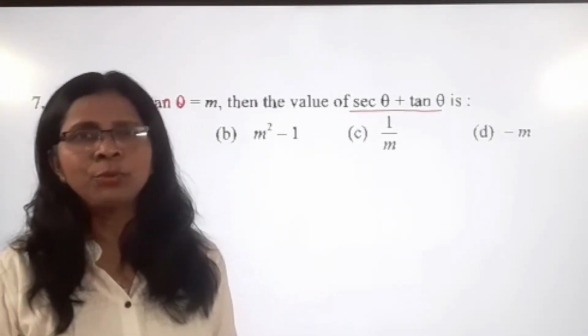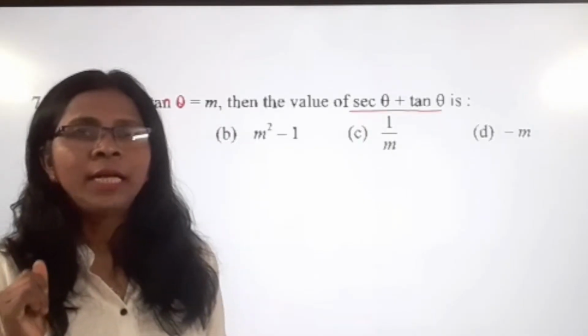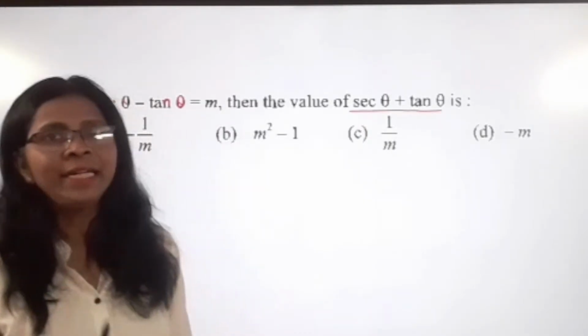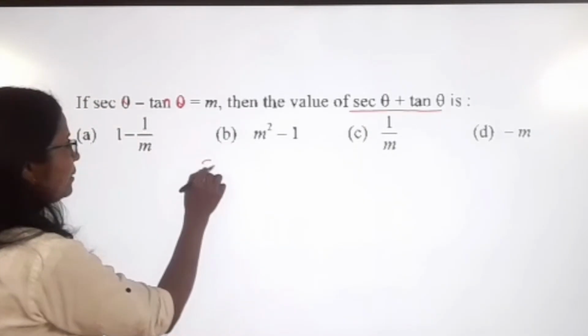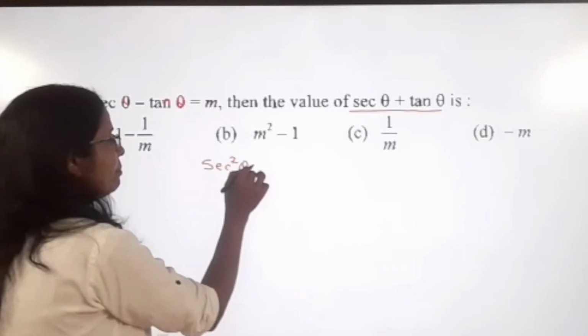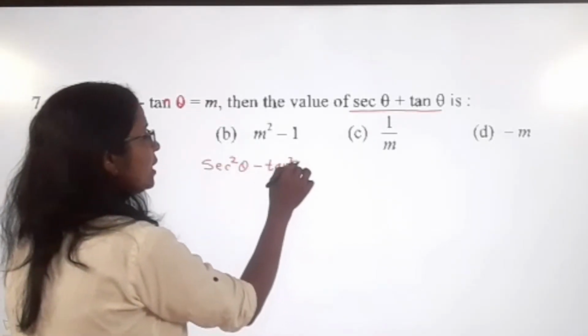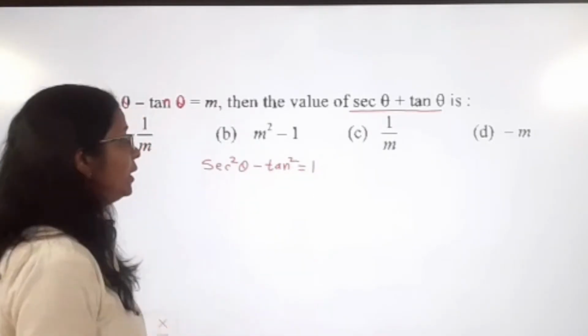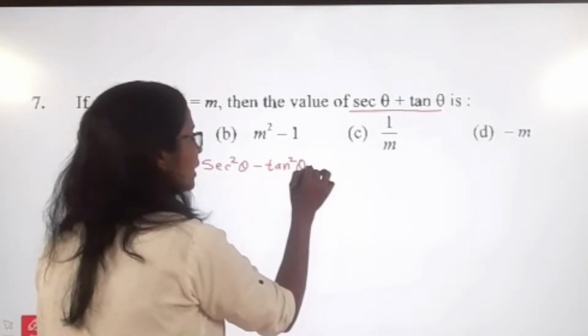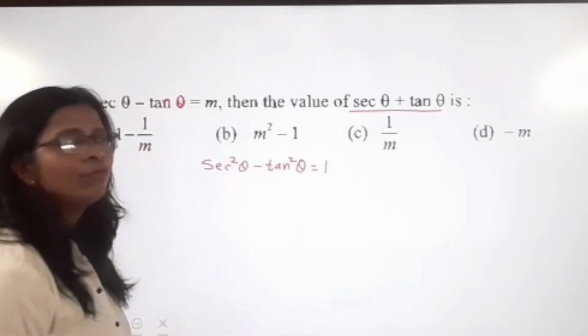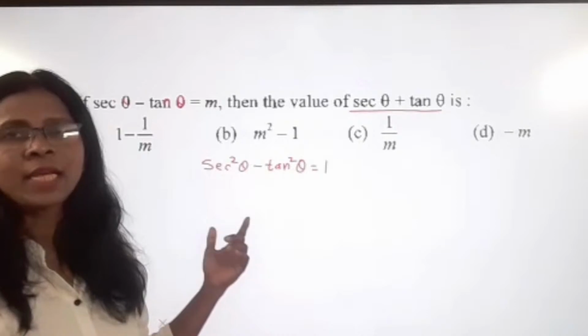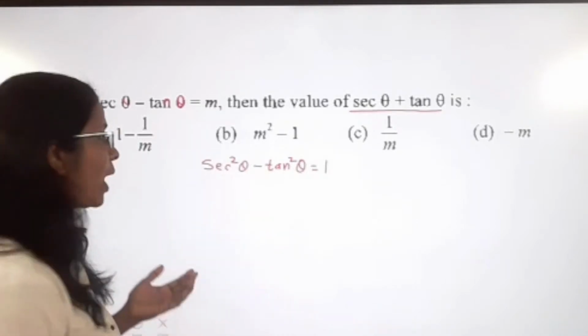So now here, students, there is a formula with the identity of trigonometry, and that identity is sec square theta minus tan square theta is equal to 1. So now we can expand this sec square theta minus tan square theta.